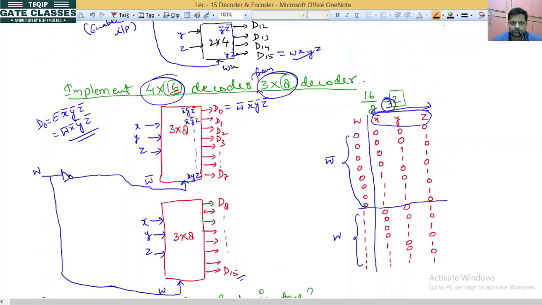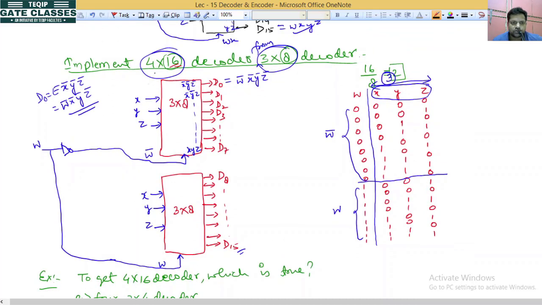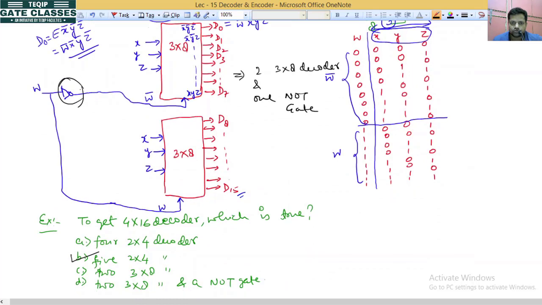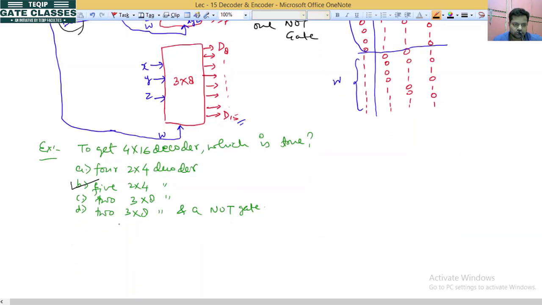Now see here, to get 4x16 decoder with the help of 3x8 decoders, what is required? 2 3x8 decoders and 1 NOT gate. You see here, 1 NOT gate is also required. So it is 2 3x8 decoders and 1 NOT gate. This is a multiple select question, so these two are the correct options.